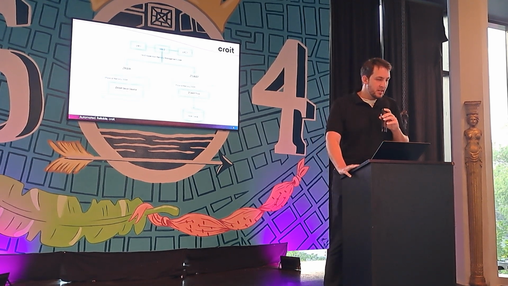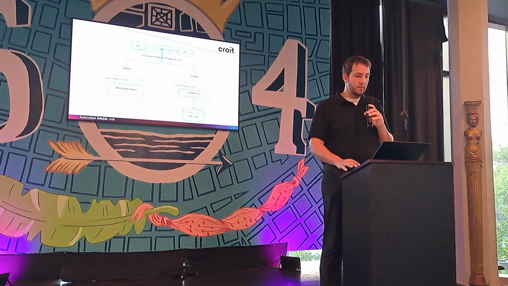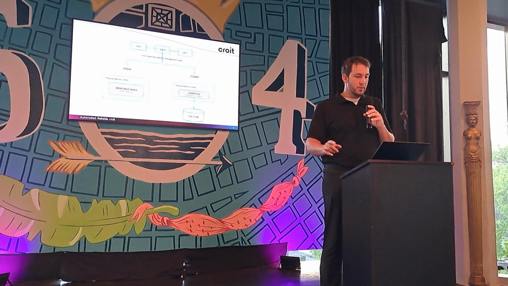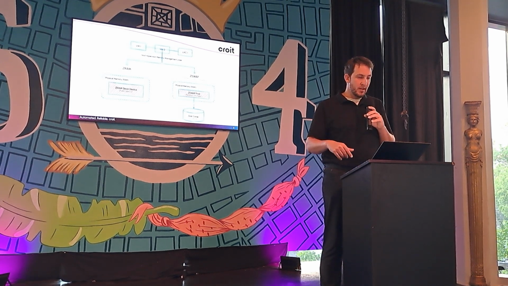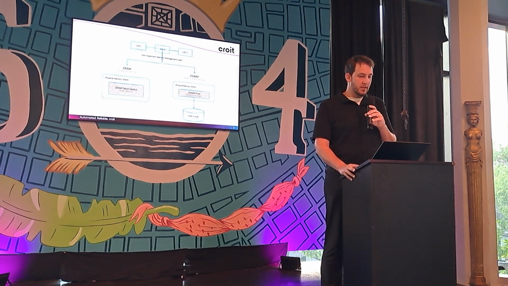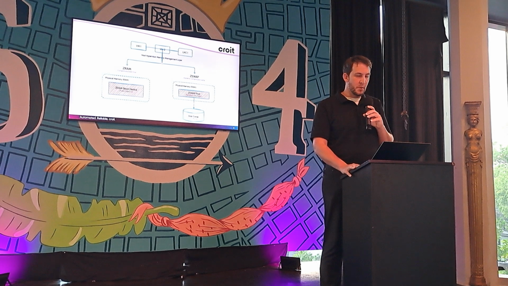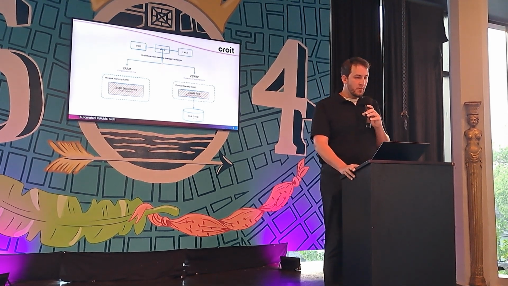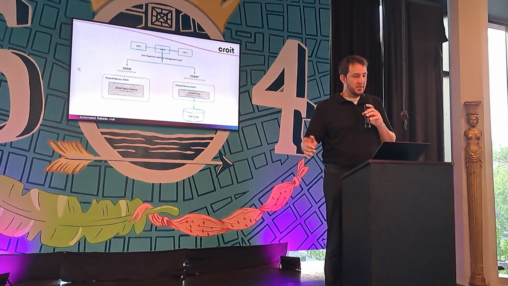ZSwap takes a different approach. It's a compressed cache that sits in front of your regular swap disk. When a page would go to disk, ZSwap intercepts it, compresses it, and holds it in a RAM pool. Only when the pool fills does data hit the disk. So it's kind of like a middle tier. The key difference: ZRAM replaces the disk swap, ZSwap supplements it.